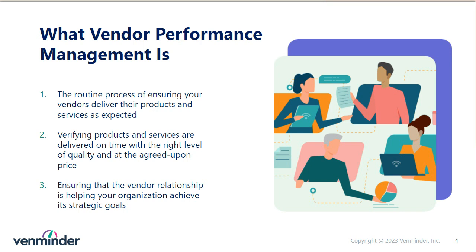It entails verifying that the products and services are delivered on time with the right quality and at the right price point. And the key word here is verifying, as we confirm, not assume this is actually happening. And then vendor performance management also helps your organization ensure that that vendor relationship is helping your organization achieve its strategic goals.